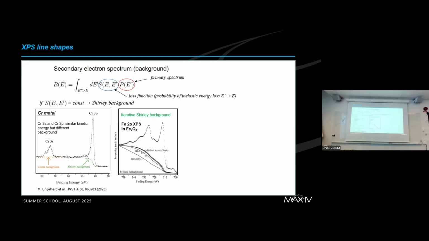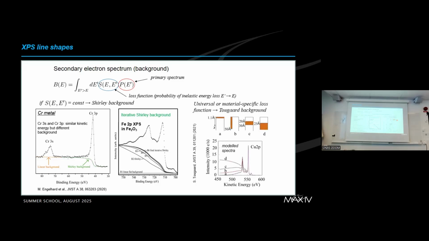But it doesn't look very physical because it doesn't fit your spectrum here at the same angle, so to say. Then people can use the so-called iterative Shirley background. Then they use this B2 background, they subtract it, they do the integration again, they're getting B3 and then B4 and so on, until it converges to the iterative Shirley background.